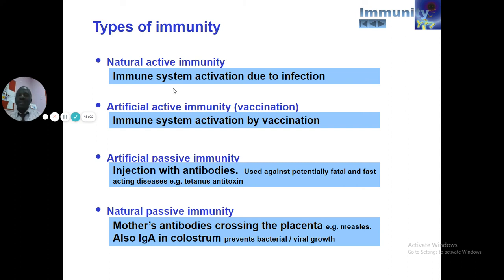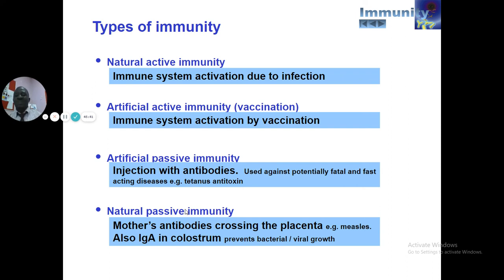Then natural passive. It is natural because you get it from your parents naturally, via the placenta, via the colostrum, which is milk. Then when we come to artificial active, we are stimulating your body to produce memory cells by injecting it with that vaccine, with either the pathogen or a weakened form.